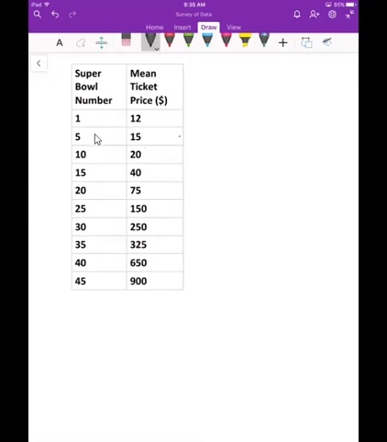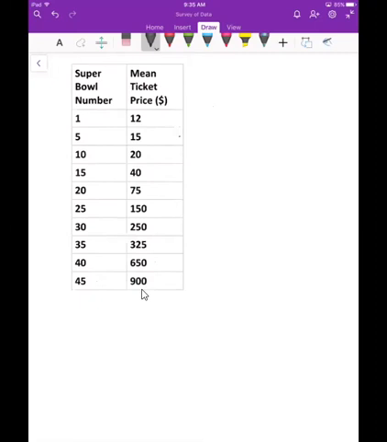So we started with Super Bowl I, it only cost $12 on average to go to the Super Bowl for the first Super Bowl. You can see that price goes up over time, but not very fast. 4 years later, for Super Bowl V, we've got $15 is the mean ticket price, but you can see it goes up very quickly. At Super Bowl 45, it was $900.